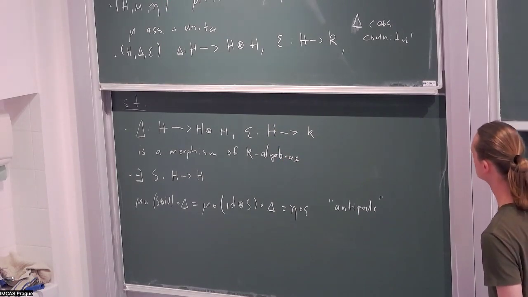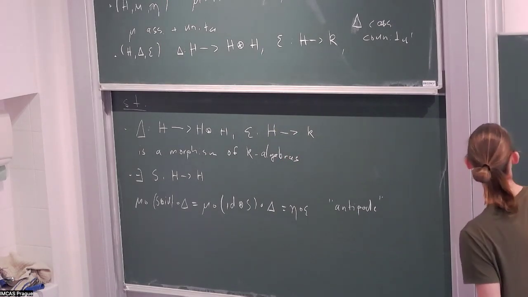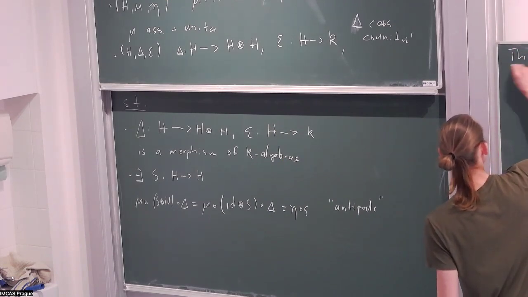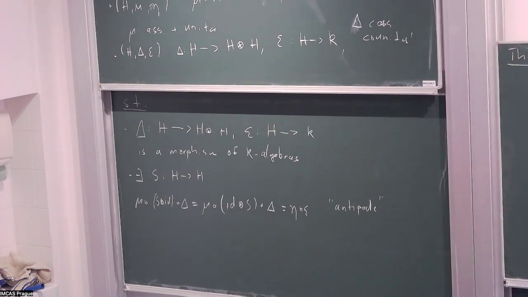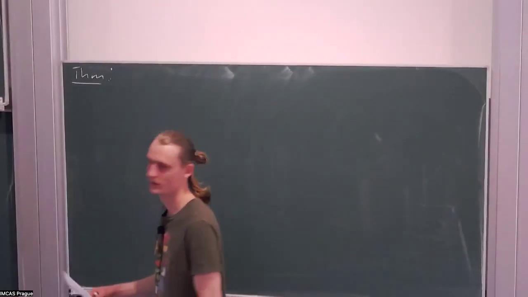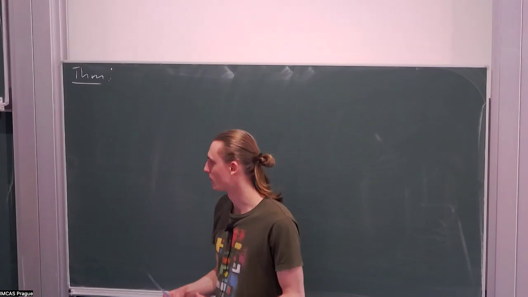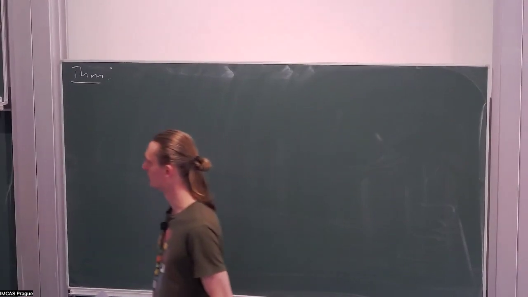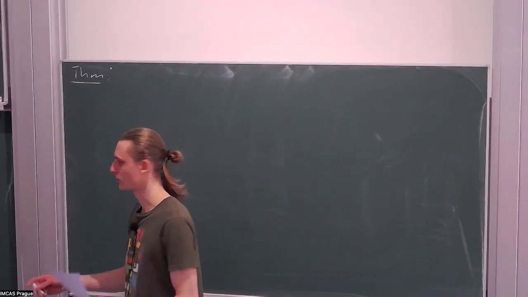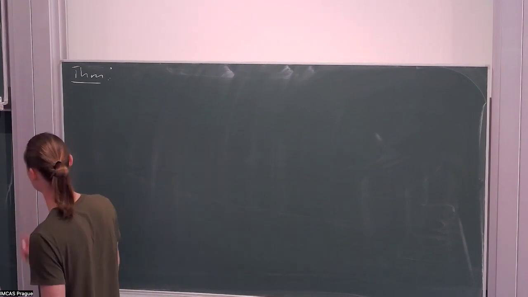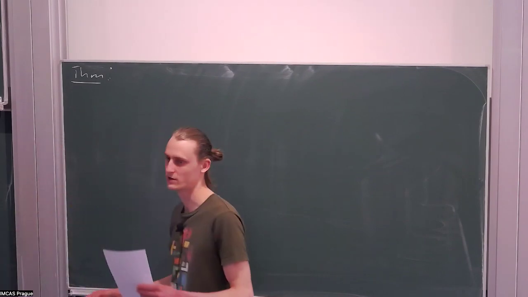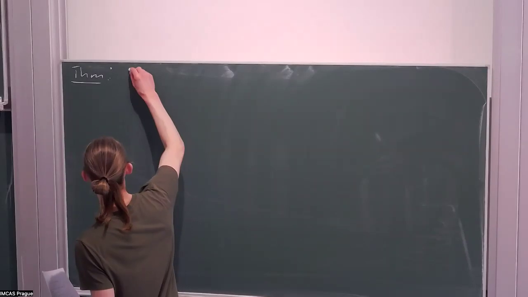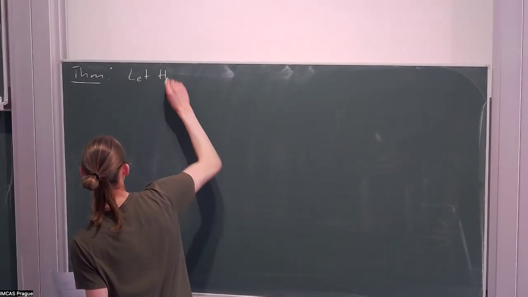Okay, now because as we will later see in the Hopf algebroid, it's not so easy to define what an antipode is. It's more useful to look at the following characterization of the existence of an antipode, namely: let H be a bialgebra.